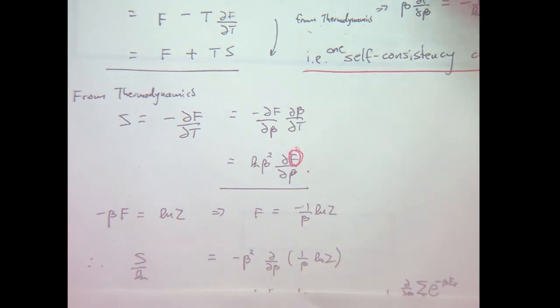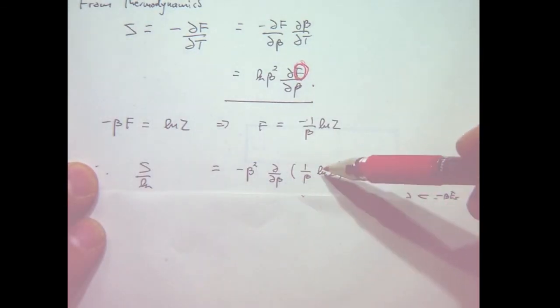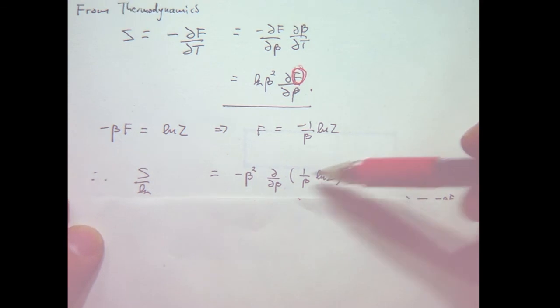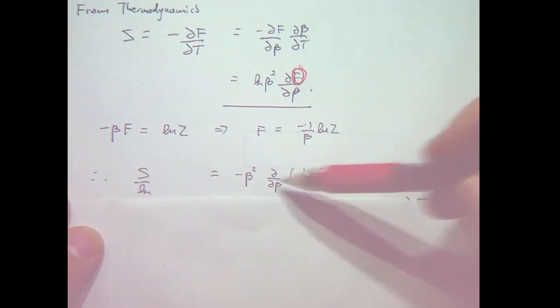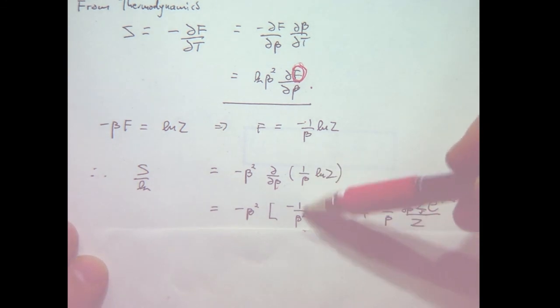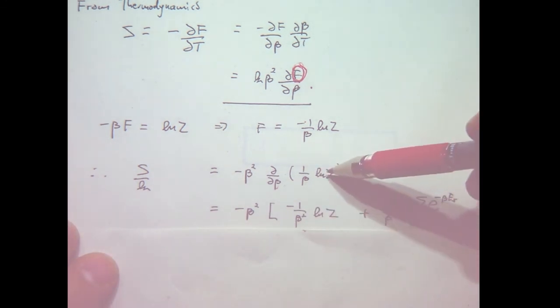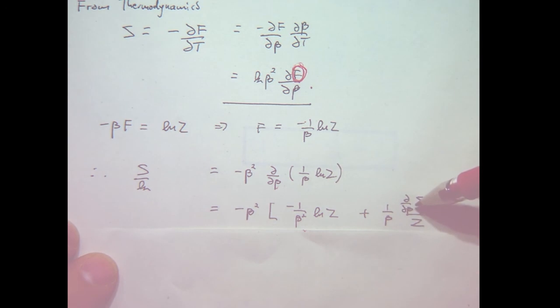So again, you use the product rule. So S on k, bring in the k on that side, it's got minus beta squared, so you've got d by d beta, that product rule. So that's minus 1 on beta squared log Z plus 1 on beta d by d beta of log Z. d by d beta of log Z is 1 on Z d by d beta of Z, which is d by d beta of that sum.